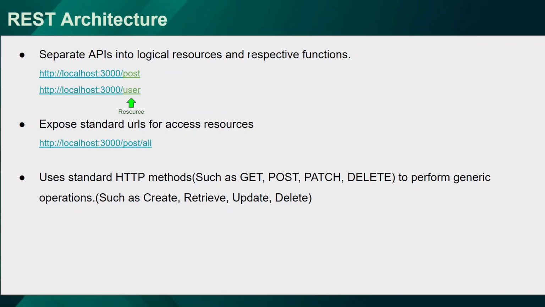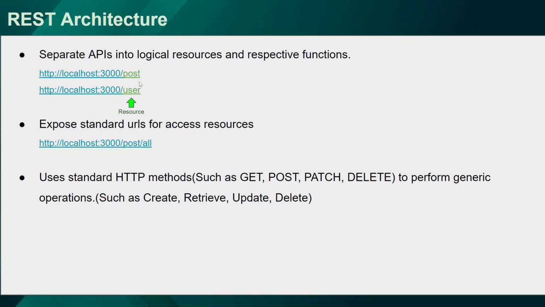As you can see, REST basically separates an API into logical resources and their respective functions, which means if you look at these two URLs, the first one is localhost:3000/post and the second one is localhost:3000/user.